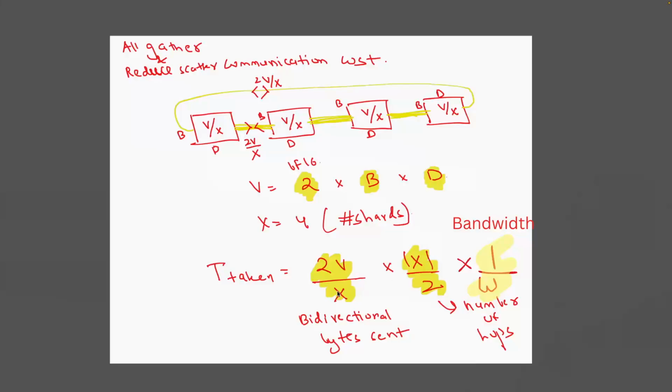You can see here that it cancels out. It's only the shape of the array and the bandwidth. So it's a very important result that in all gather the number of shards doesn't matter, and it only depends on the size of the array and the bandwidth.